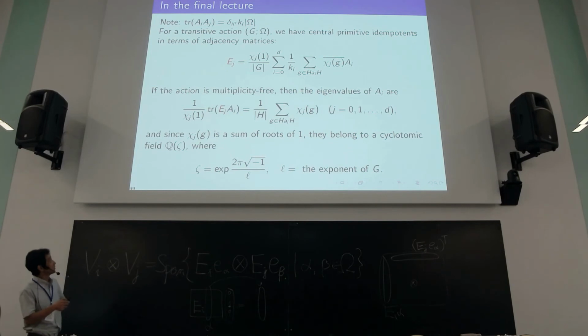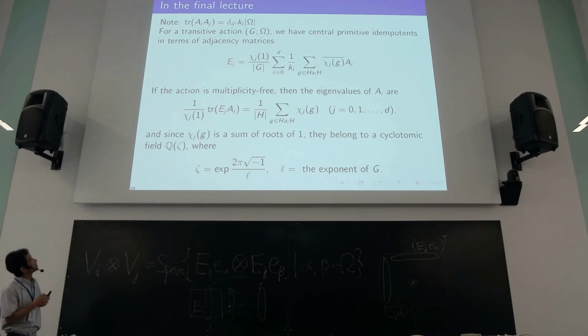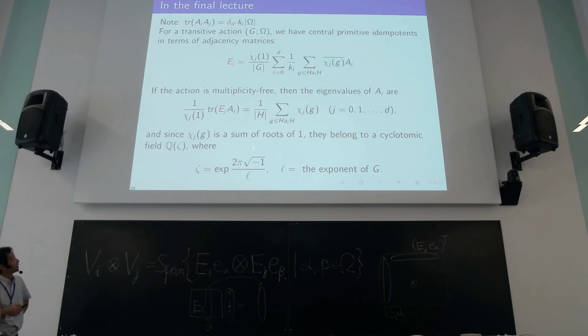From that you see this number is also a cyclotomic number belonging to this field. Or more explicitly, the trace of Ai times Aj is almost always zero, except when Aj is the transpose of Ai, so multiplying by Ai from the right kills almost all terms except the single one.